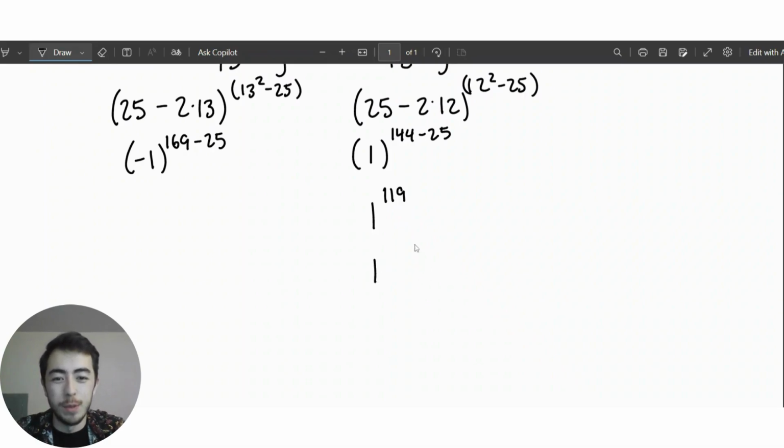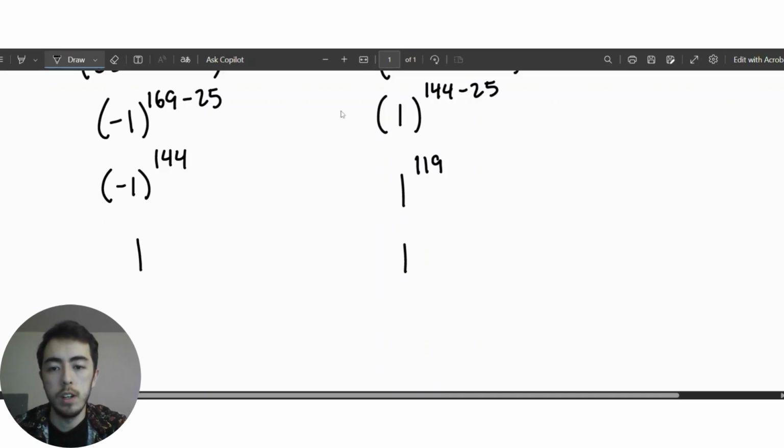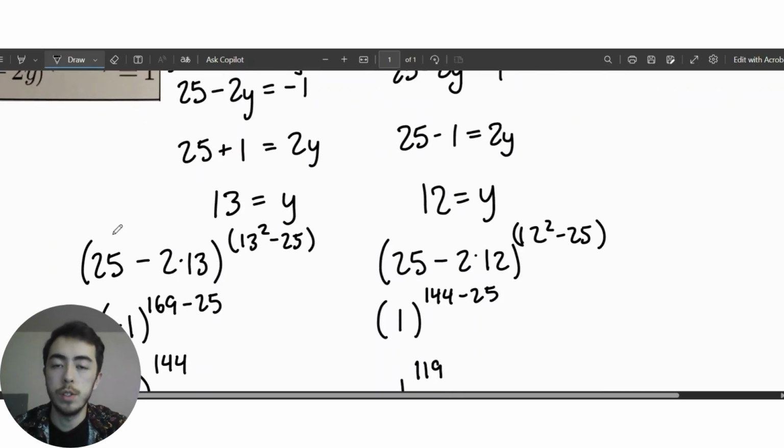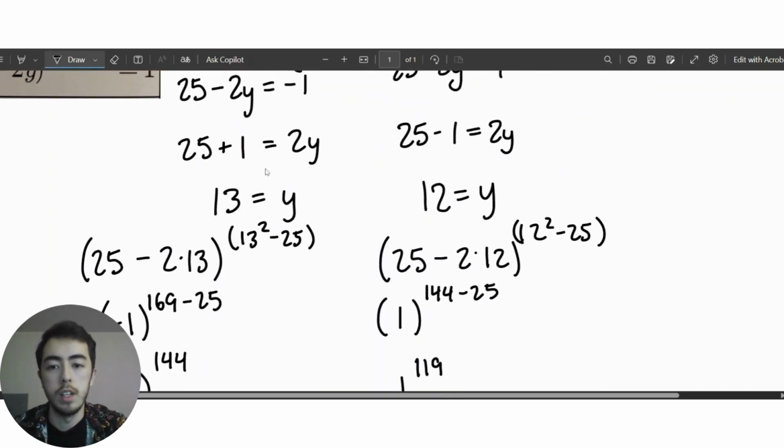There we go. That's a 1. And then on the left side here, 169 minus 25 is going to be 144. Oh, it's kind of neat that it's like the 144 over here. But the important part is that it's even. And so -1 to an even power is going to be 1. So that's a 1 right here. And between the two potential solutions that I have, 12 and 13, 13 is of course the bigger one.